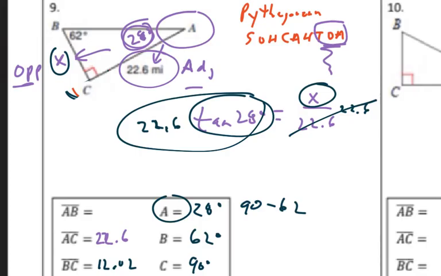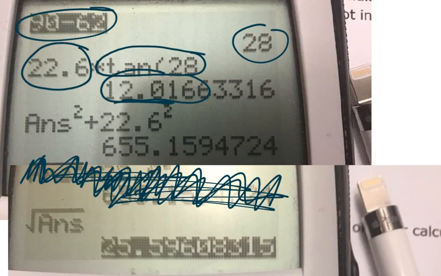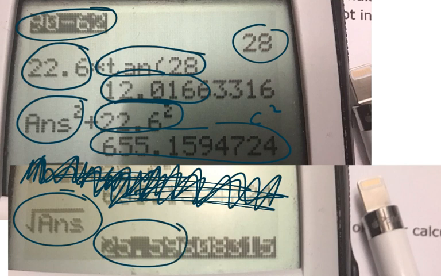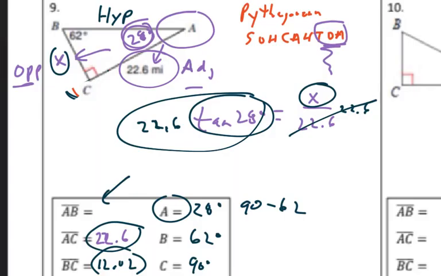Now what? Well, once I know two of the sides, the third side, AB, this is my hypotenuse, is simply Pythagorean theorem. So I'm just going to go a squared plus b squared, take this total, that's c squared, and then I take the square root of that c squared, and this is my missing side, 25.6, let's say.